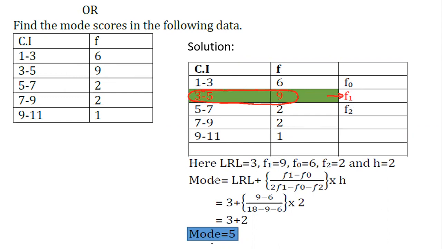The mode formula is L plus F1 minus F0 divided by 2F1 minus F0 minus F2, into H. So write down the lower limit L, which is 3. F1 is equal to 9, F0 is equal to 6, F2 is equal to 2, and H means the class size.